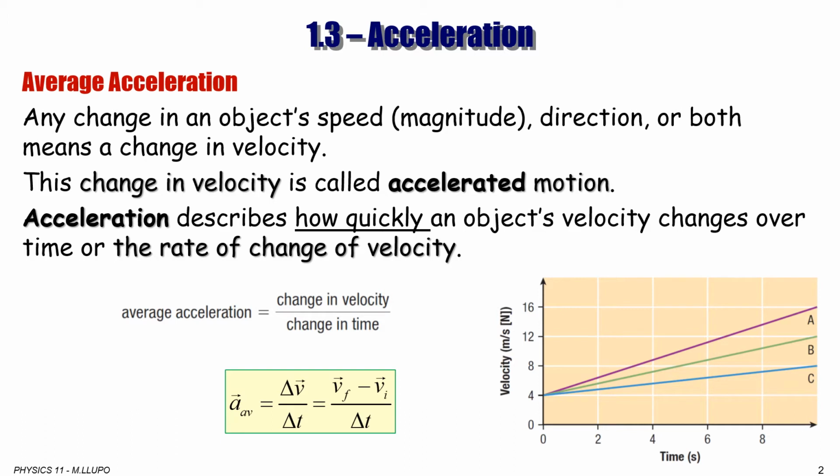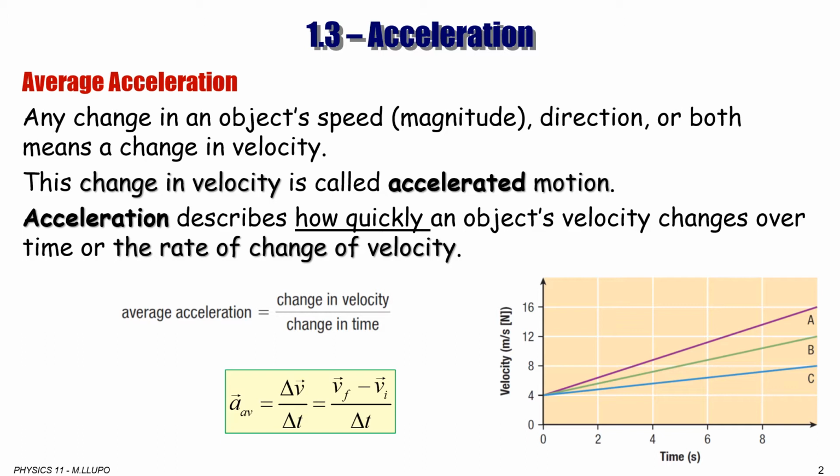It's a velocity-time graph, and you see there are three graphs there. One is steeper than the other. A is steeper than B and B is steeper than C. So the slope of that line represents average acceleration.